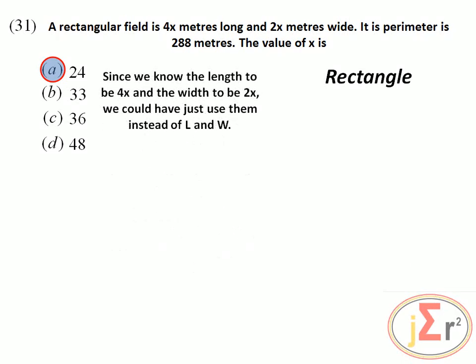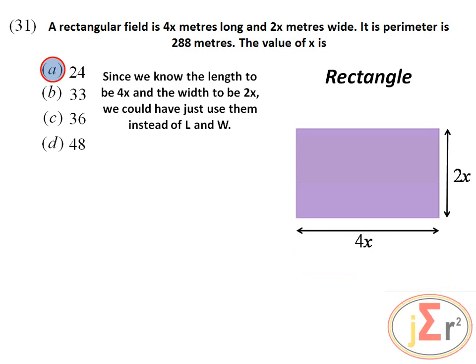Since we know the length to be 4x and the width to be 2x, we could have just used them instead of L and W. So instead of writing L for the length and W for the width, where we see the length we put 4x, where we see the width we put 2x.